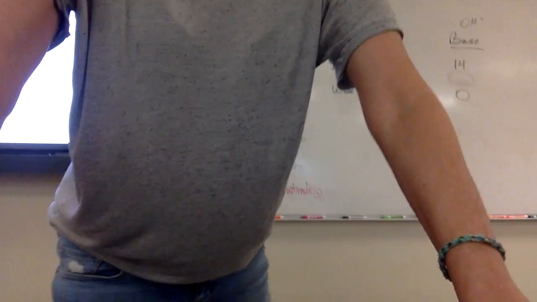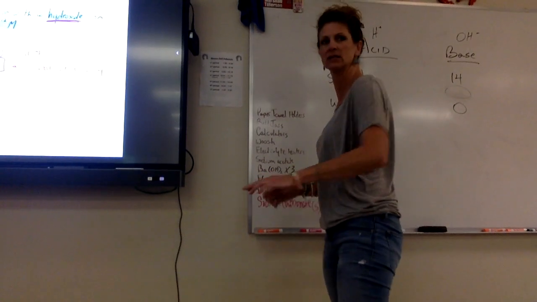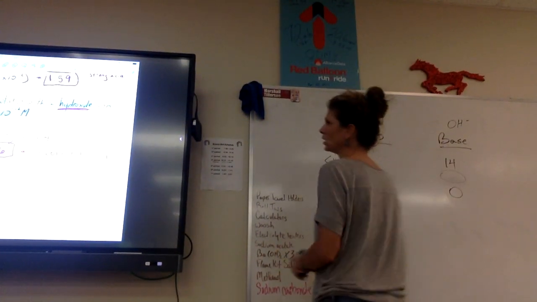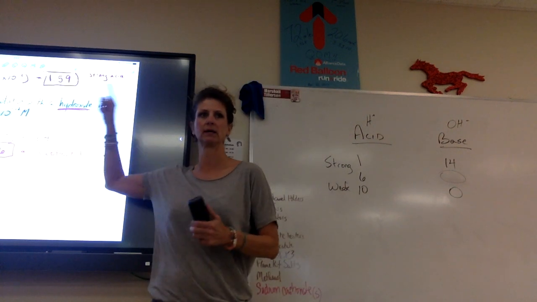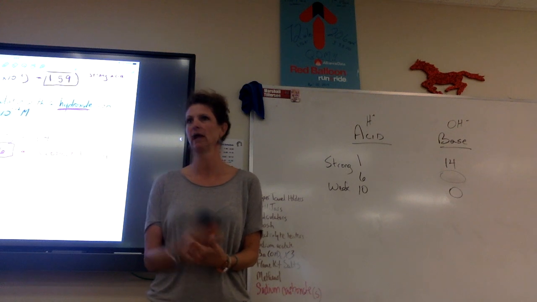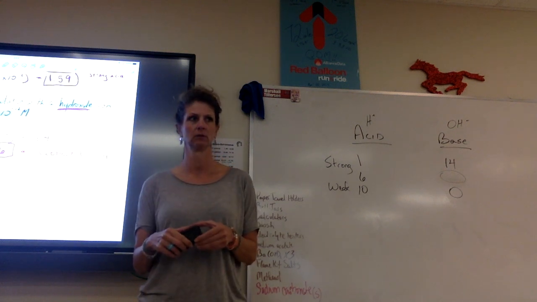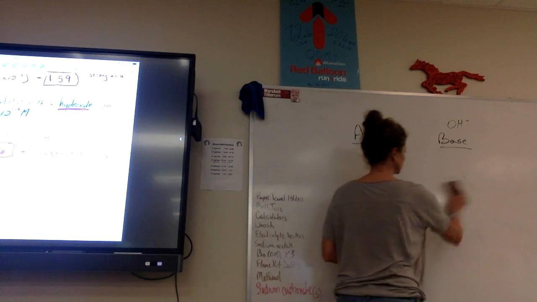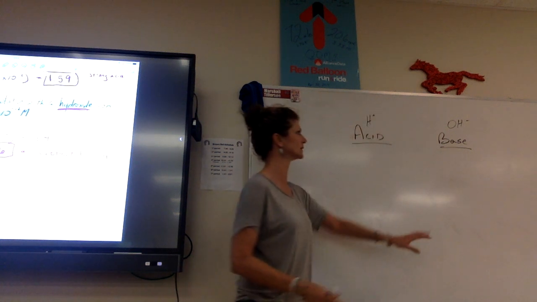Okay, now I want to talk to you about a couple of ways that the wording makes this difficult. So if I could have your attention for just a second. What if I don't tell you that it's hydroxide ion concentration? What if I just tell you it's an acid and then give you a number? If I tell you it's an acid and then give you a number, what is it going to be for?